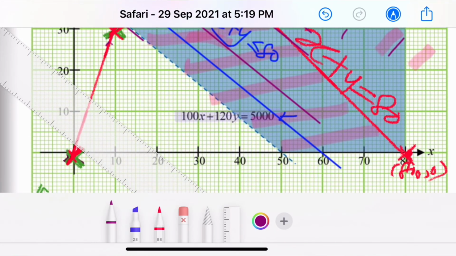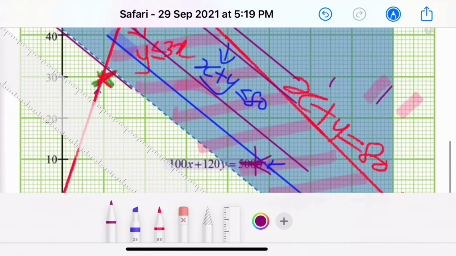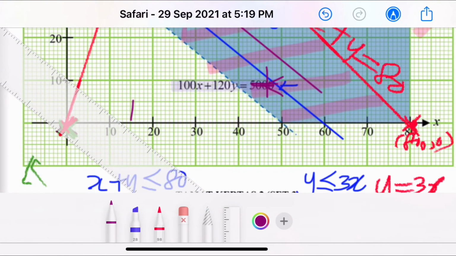Just now it was K, right? It's K. We are not sure of the K. We want to find the K. So we substitute 100 times 20 plus 120 times 60. So that is the maximum.